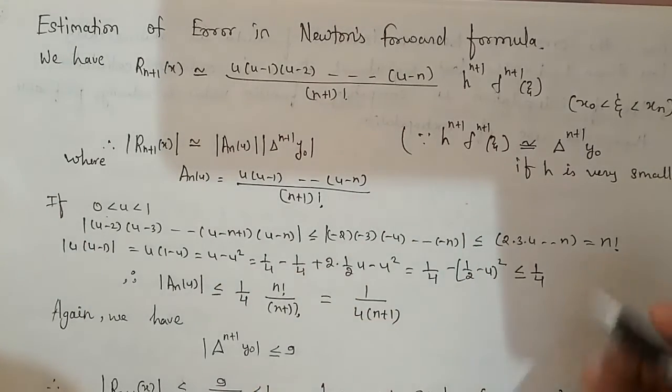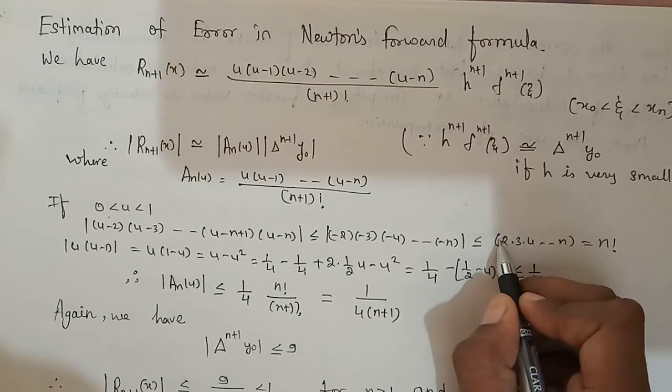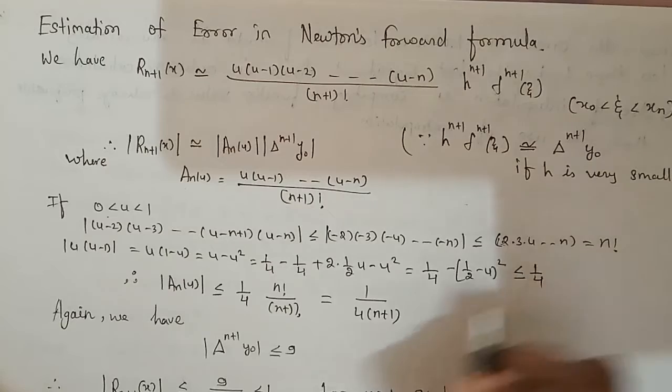Now this is nothing but n factorial only, because n factorial is n, n minus 1, up to 2, or if I write 1 here, it becomes n factorial.